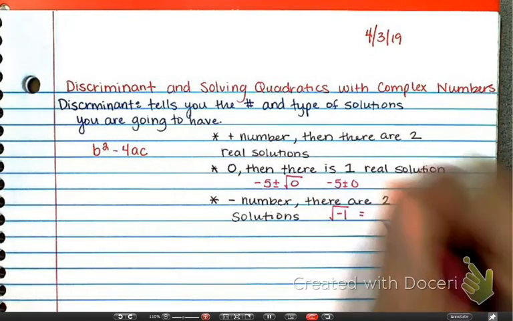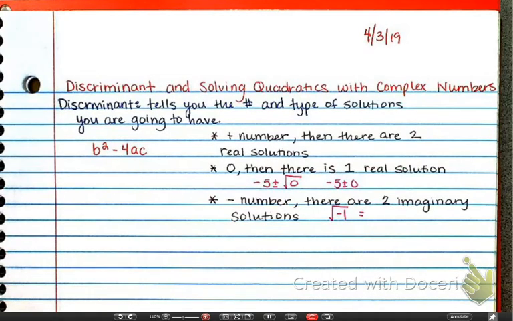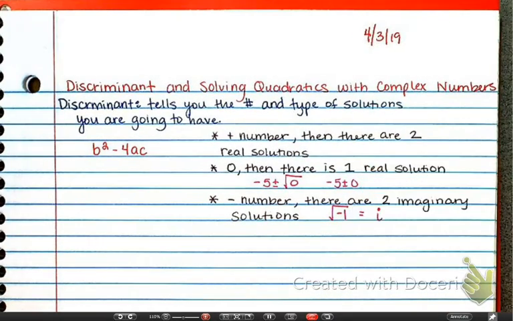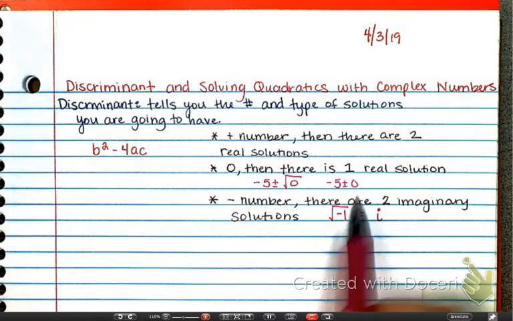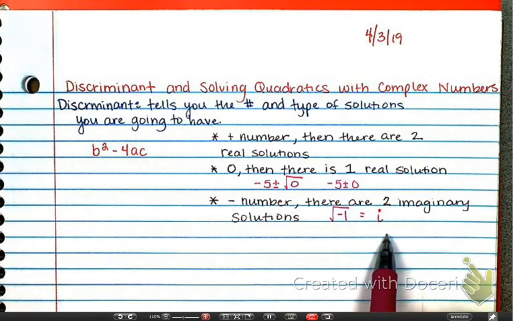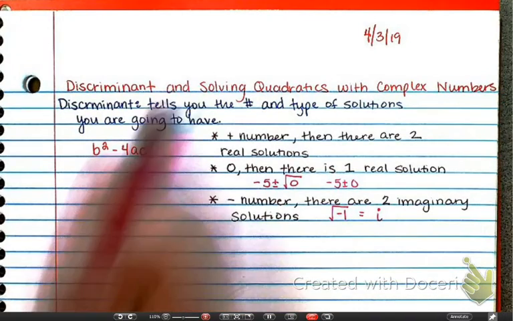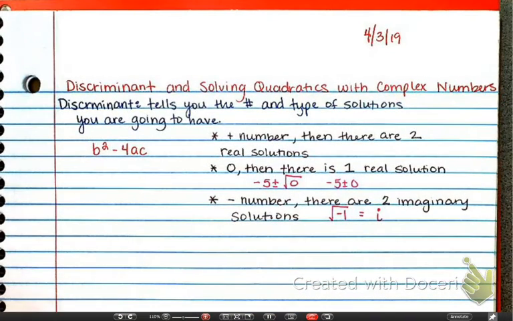Does anyone remember what the square root of -1 is? I hope you remember that it's i. So if you take the square root of a negative number, remember your answer is i, which gives you 2 imaginary solutions.